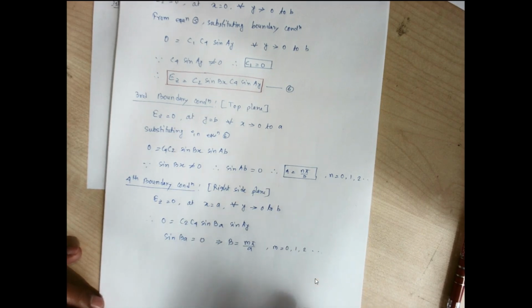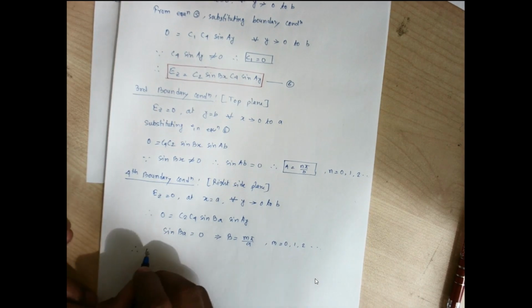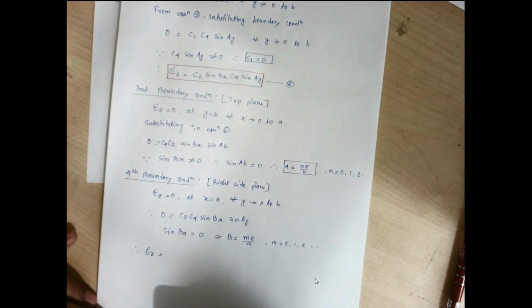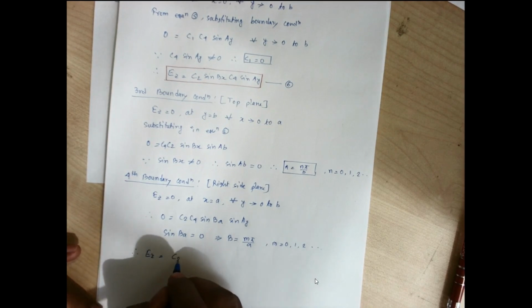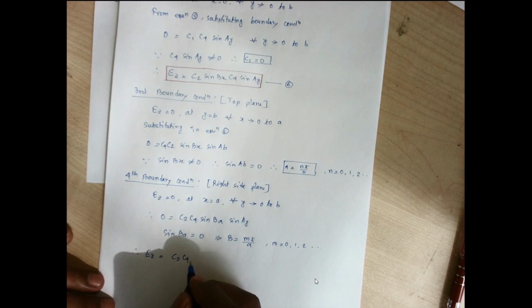So therefore our final Ez from this equation, we are having our values c2, c4, sin m pi by a x.